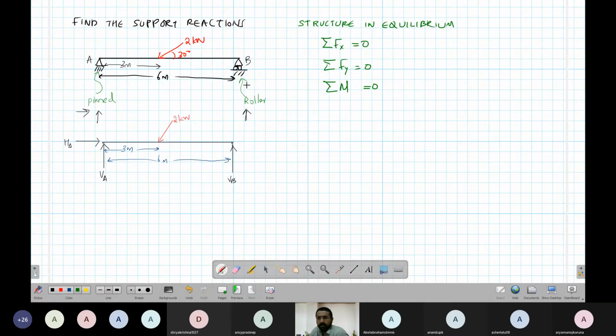Now, this time we will do something different. We will find this first: summation of forces in x direction. What are the forces in x direction? This 2 kilonewton force I can convert into two components.